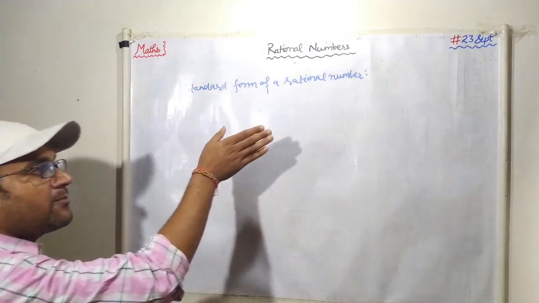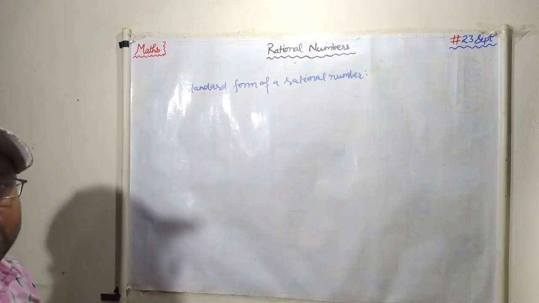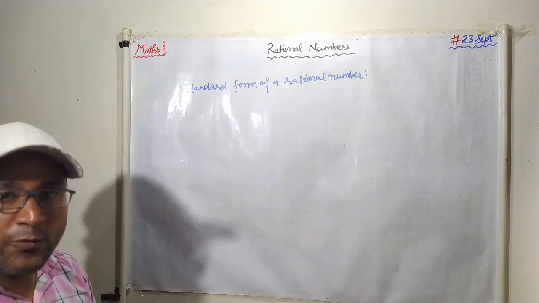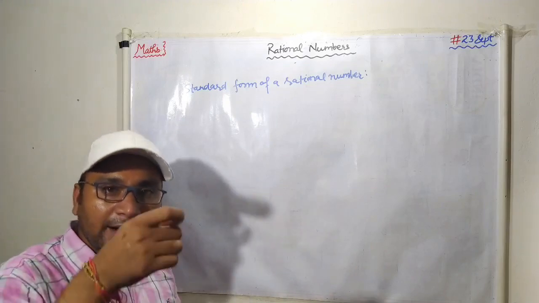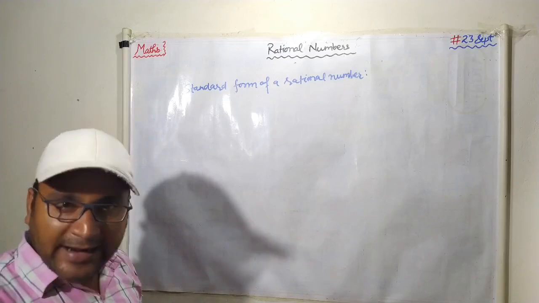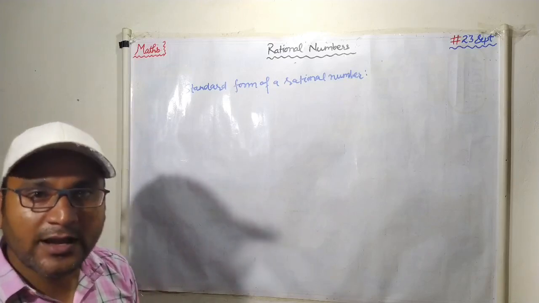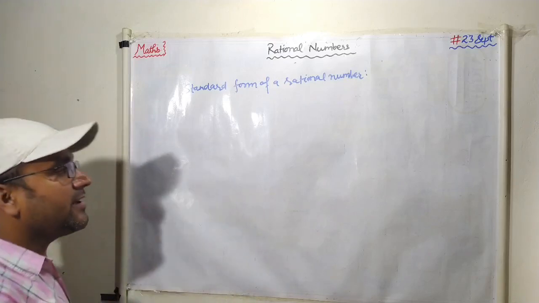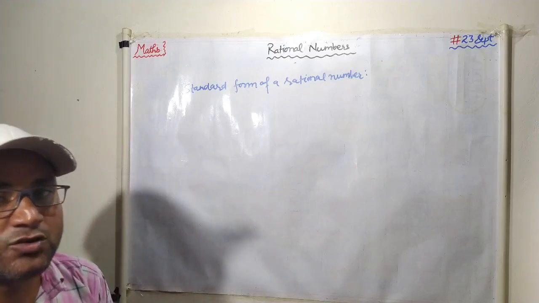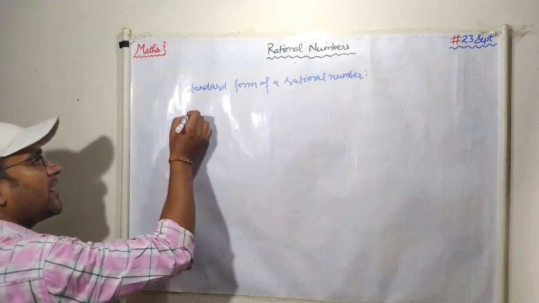Standard form of a rational number: a rational number is said to be in standard form when its numerator and denominator both have no common factor except 1. Meaning that if they have only 1 as a common factor, then they are said to be in standard form.